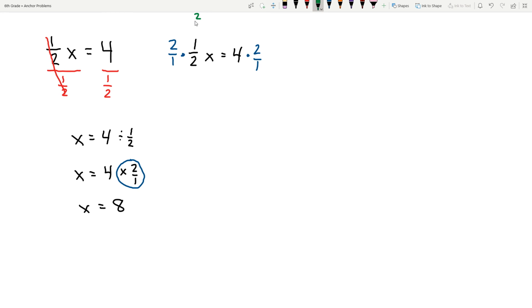What's 1 times 2? 2. What is 2 over 2? 1. The whole purpose of dividing here was to make this 1x, because 1/2 divided by 1/2 was 1, and on earlier questions, 5 divided by 5 was 1, and so on. Well, if I can just multiply by the reciprocal and have the same result, might as well just do that. I'm left with here x equals 8.